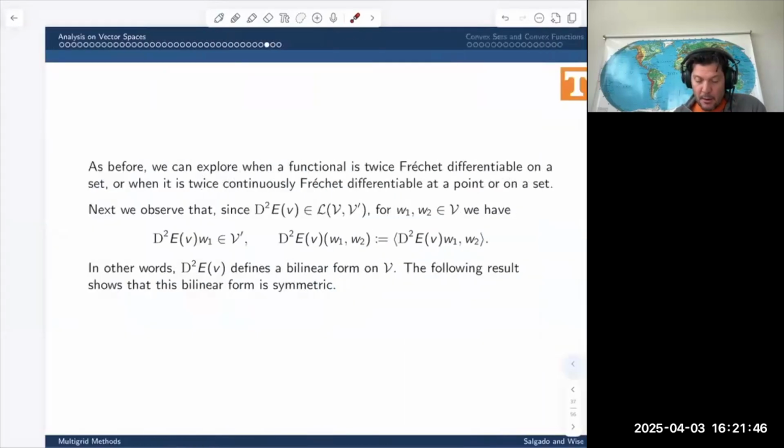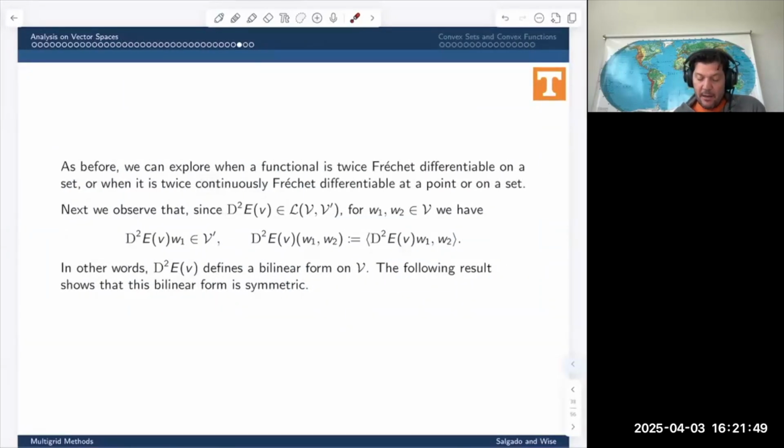All right. Now, let's think about what an object like this represents. Well, for every v that we pick out, if it's differentiable at a point v, then its second derivative, we said, has to be in this space of linear functionals from V into the dual space of V. All right, well now, if we apply this, let's think about what that does.